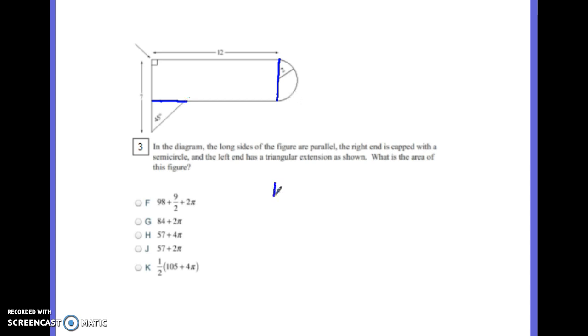So the area for a circle is pi r squared. But since you're only doing half of that, it would be 1/2 times pi times the radius, which is 2, squared.